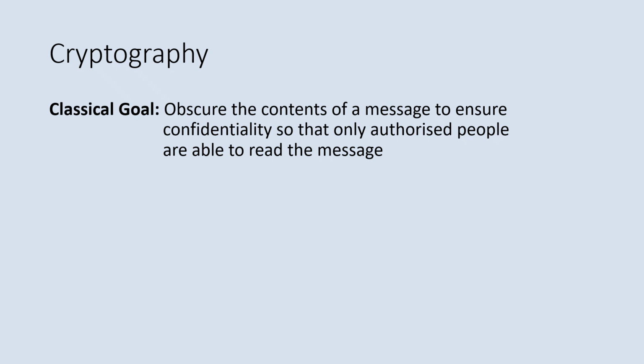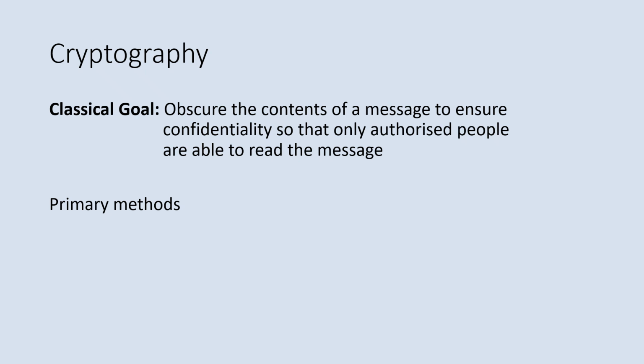There are more modern goals of cryptography now that involve other aspects, like making sure that people are who they say they are, or that if someone sends a message that they can't later say, hey, that wasn't me. There are a bunch of other issues around modern cryptography, but we're going to focus today on this classical goal.